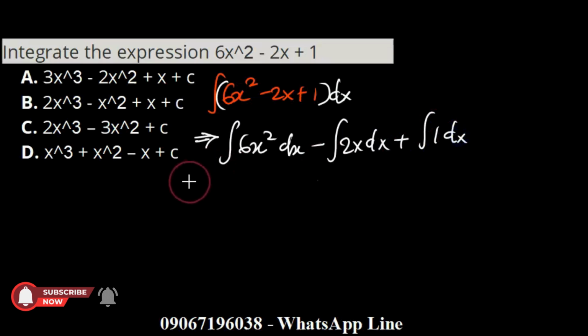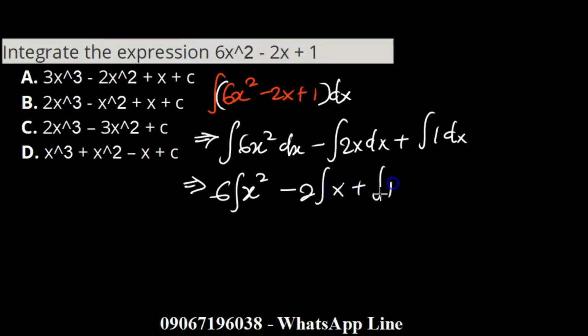Right, so one of the ways to do this, we can bring the 6 out as a whole number, and we can take the constant out. Also minus 2 integral of x, and then plus integral of 1. All of this is a function of x.